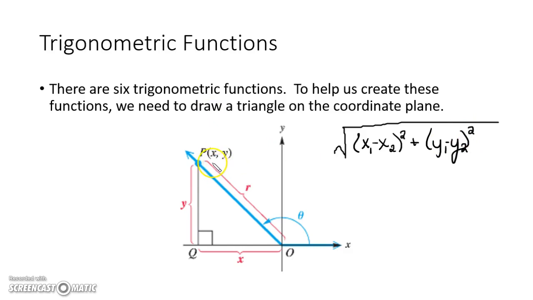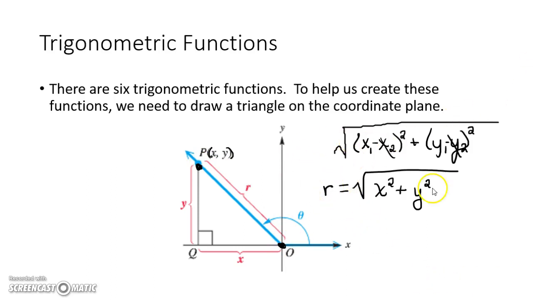But since our points are (x, y) and (0, 0), which is pretty awesome, the zeros just fall off, because subtracting 0 does nothing. So basically you get the square root of x squared plus y squared as the distance from this point to that point, or what we would call r.